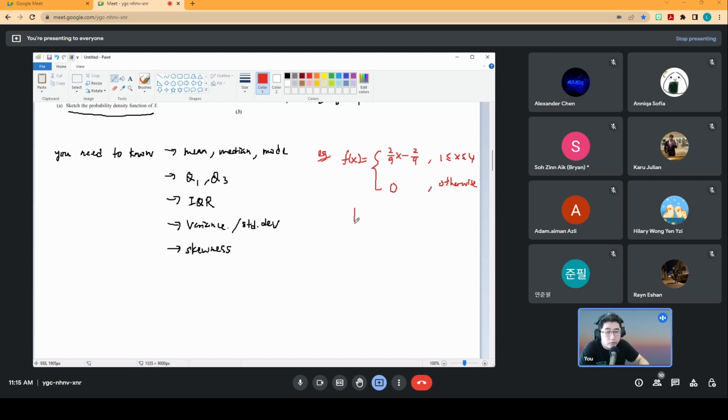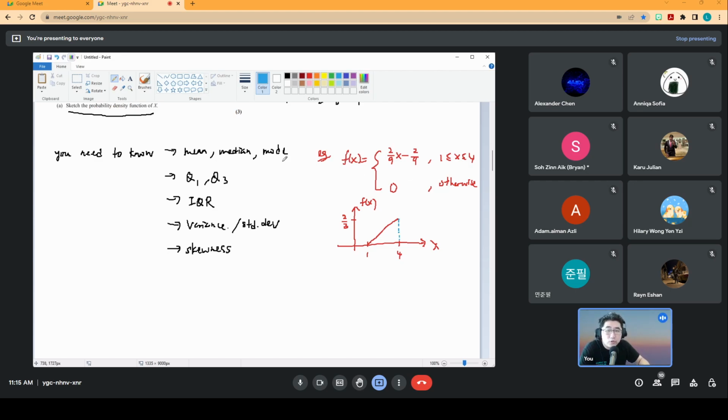We also have the shape of the graph that provides us this information, with 4 and this is 2 over 3. So far this is what we know.